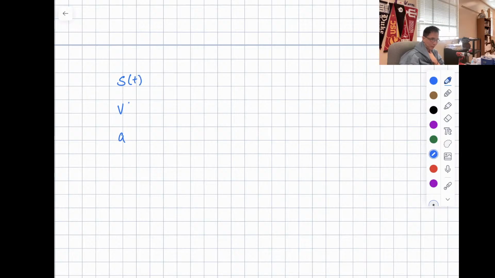S of t, v of t, a of t, and this equals position, velocity, acceleration. Again, knowing the units is going to help you on the next FRQ, not the current FRQ. This one's meter.